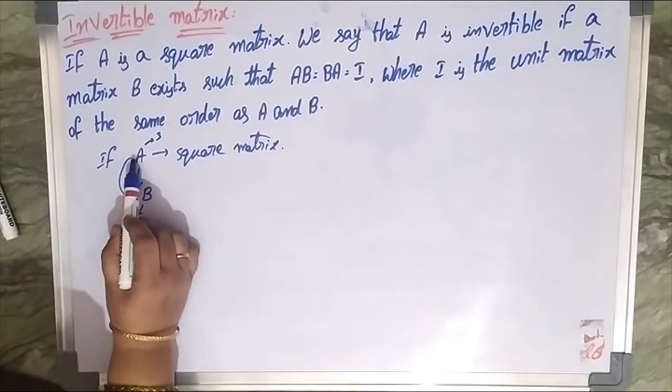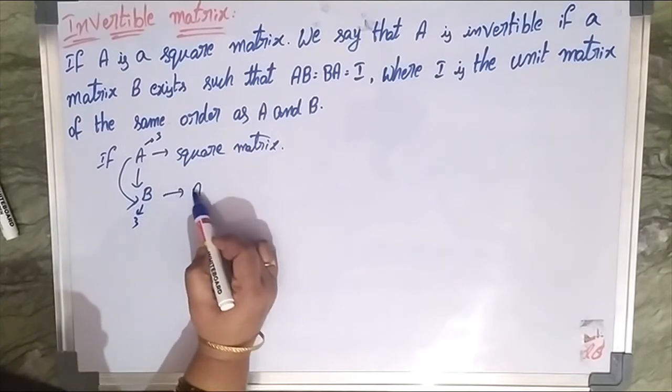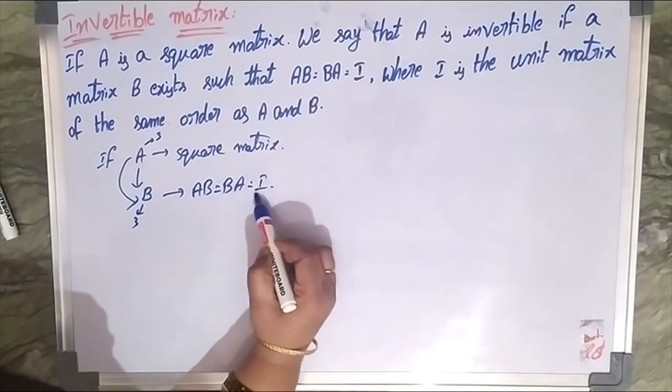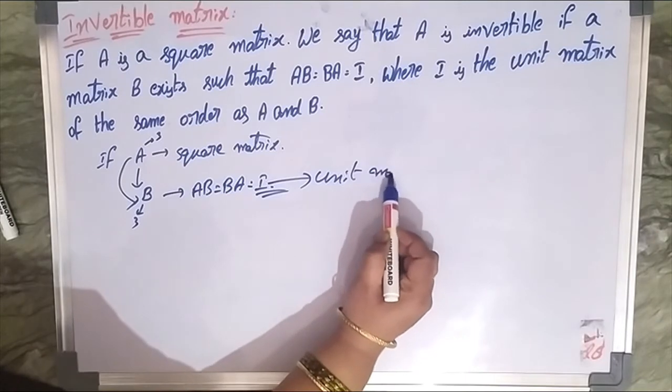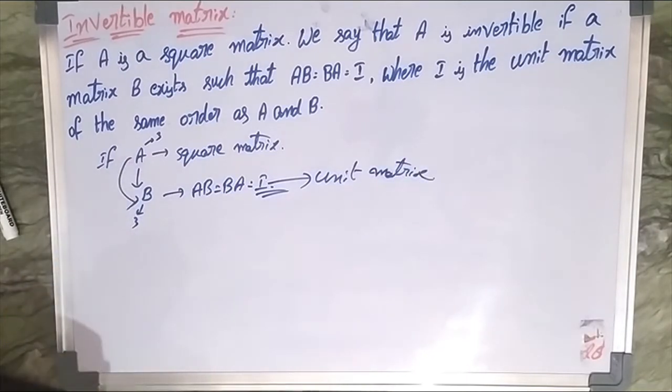Then the matrix B of equal order exists such that AB equal to BA equal to I, where I is the unit matrix of the same order as A and B.